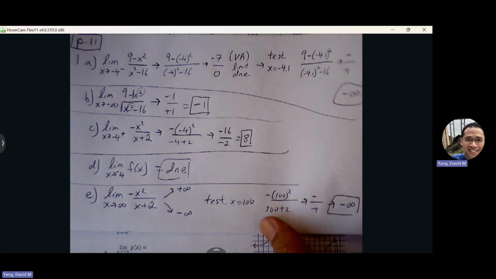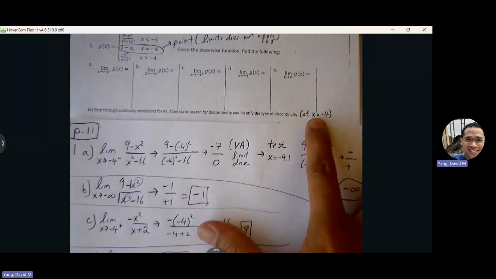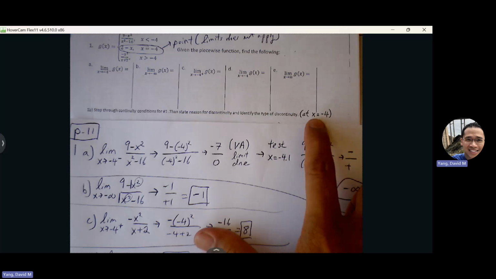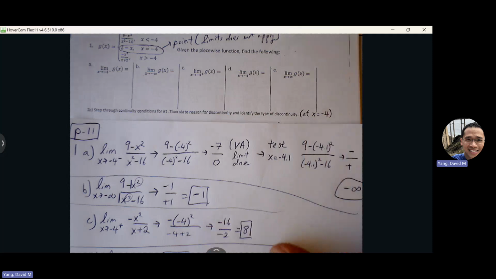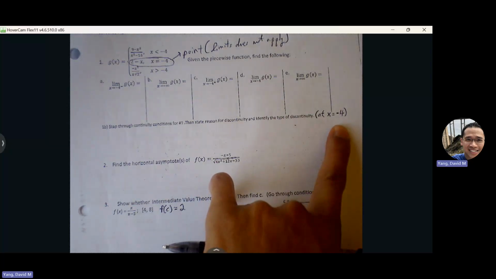Part B is asking: is there continuity or discontinuity at x equals -4? So we're going to walk through our conditions and prove whether there's a discontinuity, and whether it's removable or non-removable. So part B relies on the same piecewise function, but for a continuity condition.